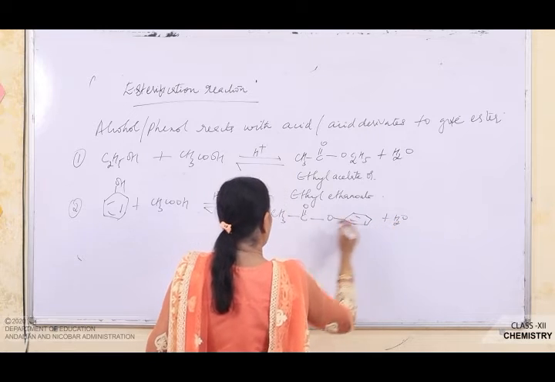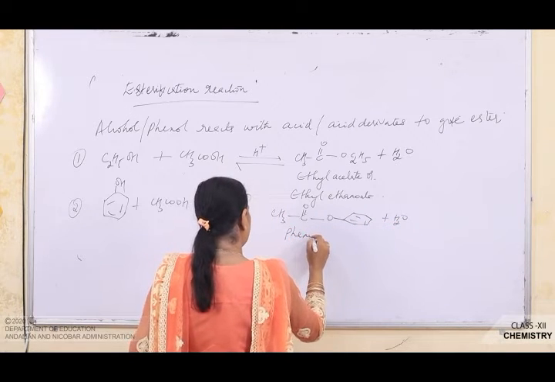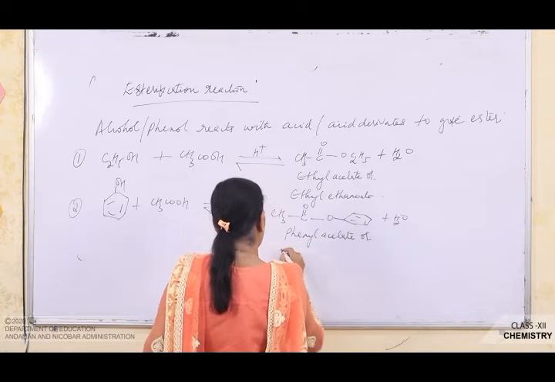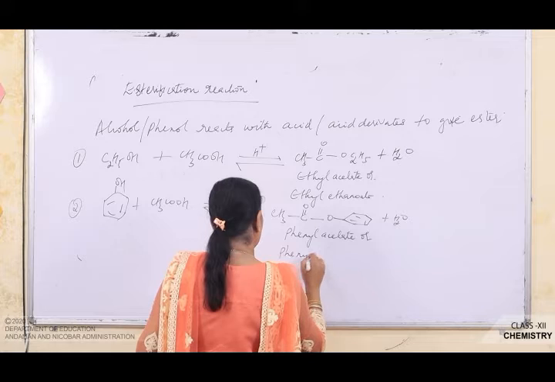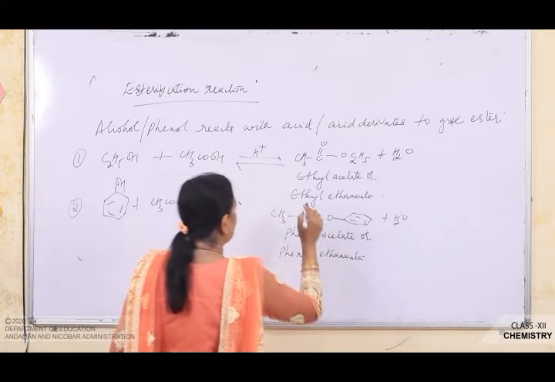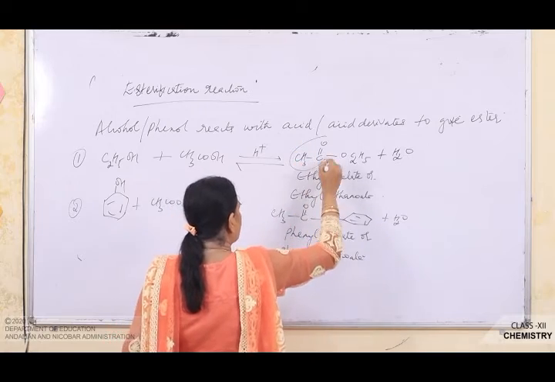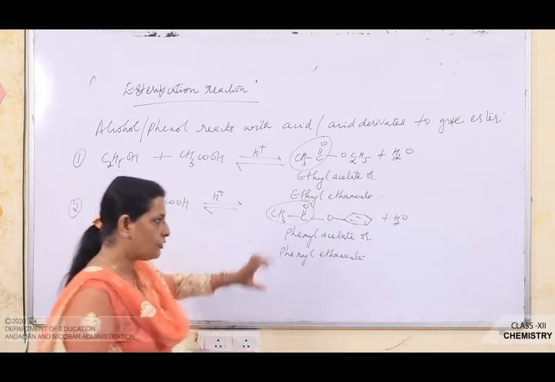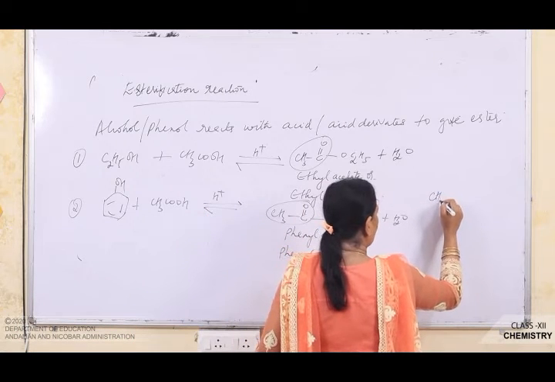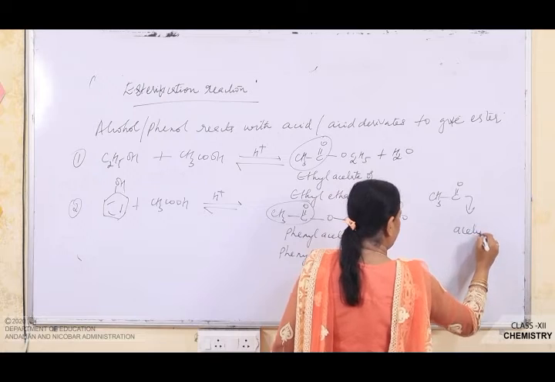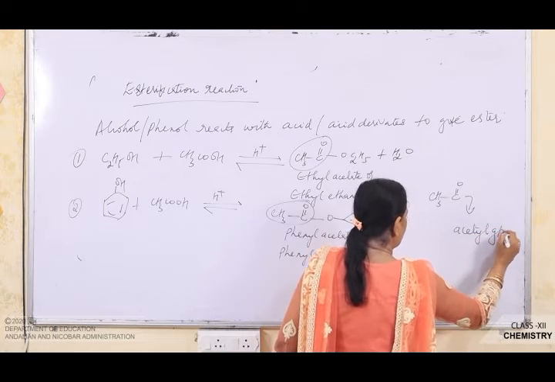This is known as phenyl acetate or phenyl ethanoate. Now here you see, in both these cases, which group is the common group introduced? CH3CO. CH3CO is known as acetyl group.